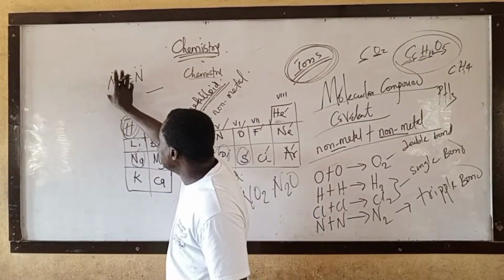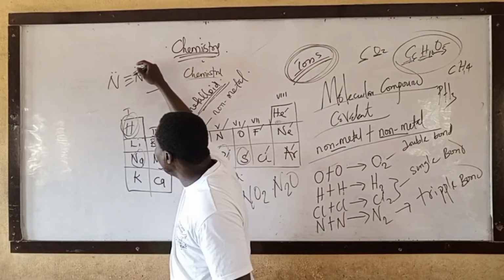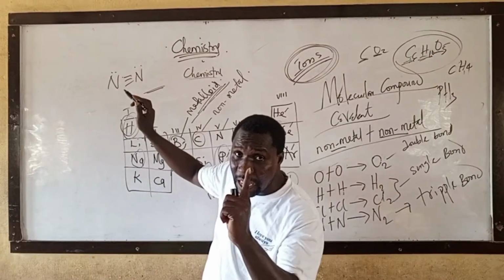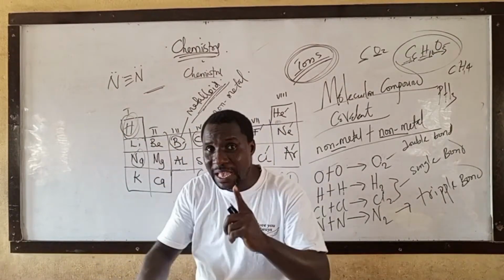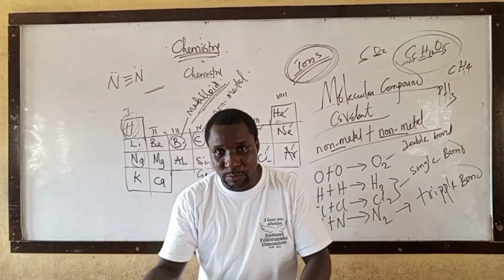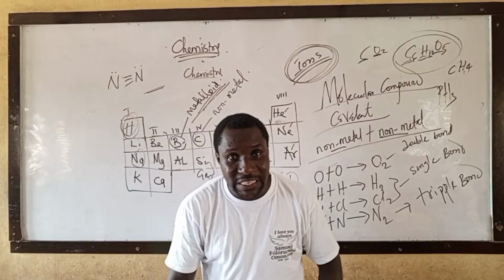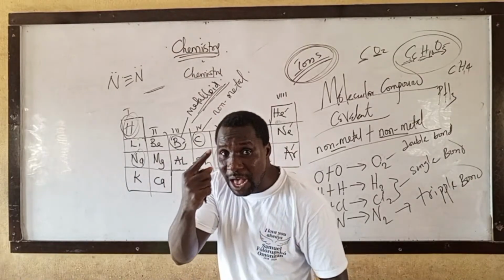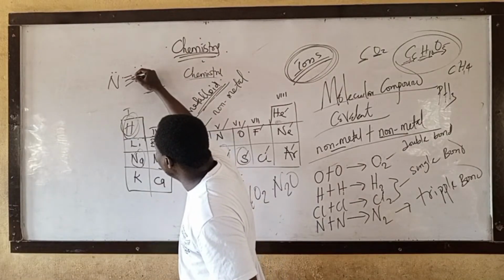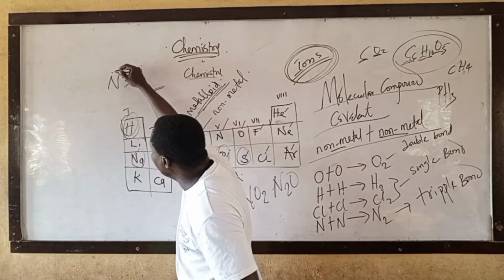How many electrons are there for this one? 1, 2. I told you one single bond is a pair of electrons, and when they say a pair, that means 2 electrons coming together, like a pair of shoes, left and right. That means you have 1, 2, 3, 4, 5, 6, 7, 8.